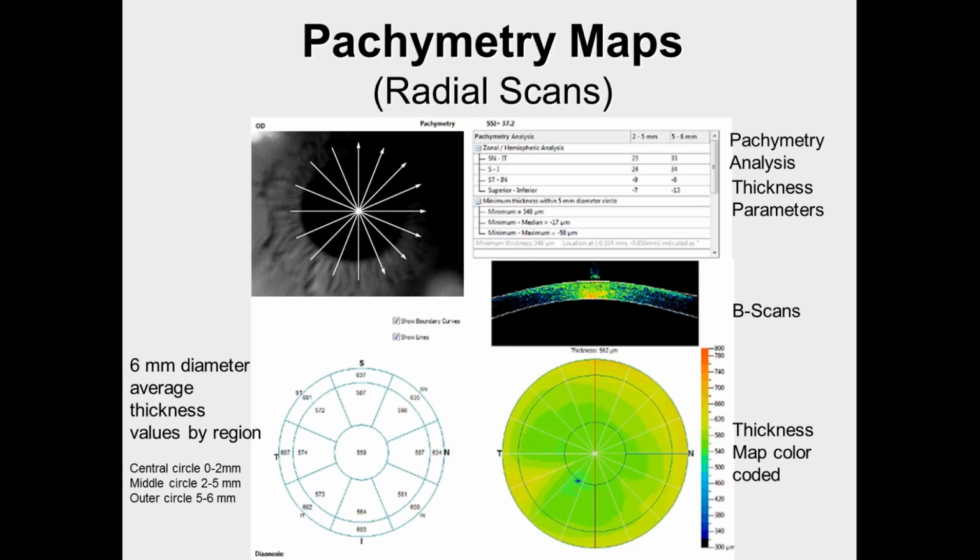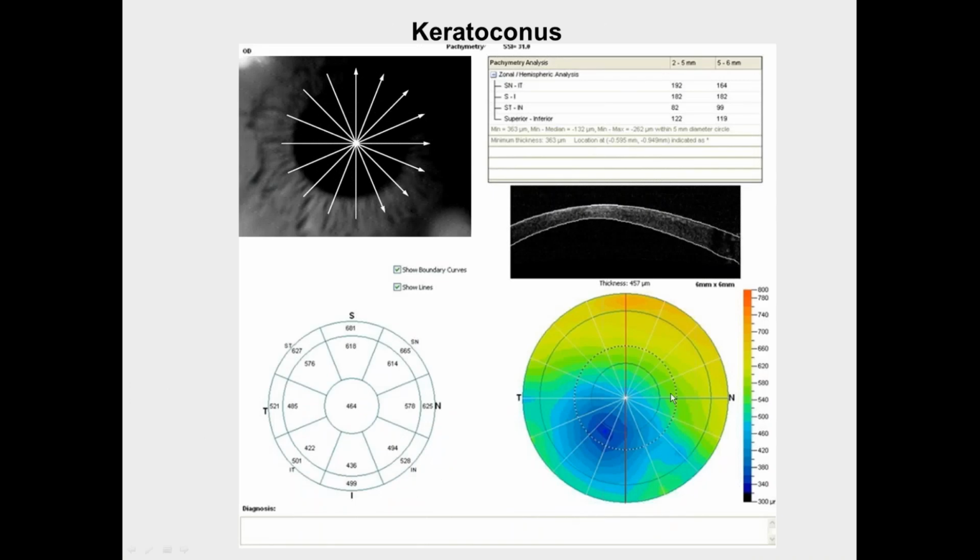But now I want to get into the thickness maps, because I think that's where the action is. We talked about overall thickness. Yes, right now with all the systems that are out there, we can measure within typically a 6 millimeter area global pachymetry of the cornea. And we could see here a keratoconic patient showing that localized thinning that we get on the global pachymetry map.